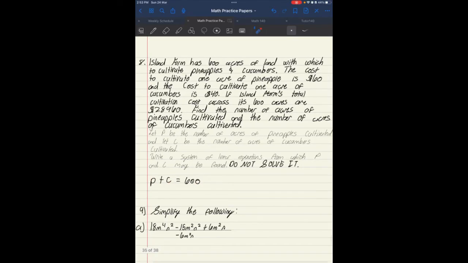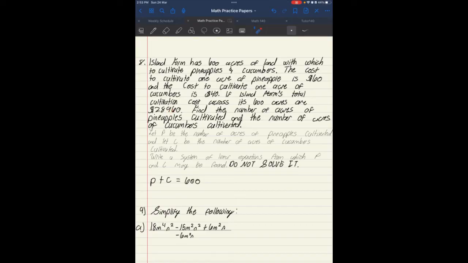Next equation. So the cost to cultivate 1 acre of pineapple is $60, and the cost to cultivate 1 acre of cucumbers is $40, right? And let's say Island Farm's total cultivation costs across the 600 acres are $28,960. So they cultivated a certain number of pineapples and they cultivated a certain number of cucumbers, and all of that was equal to $28,960.